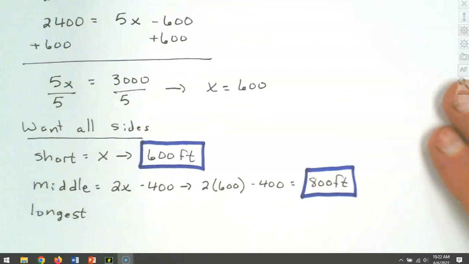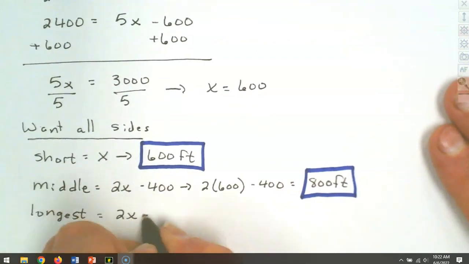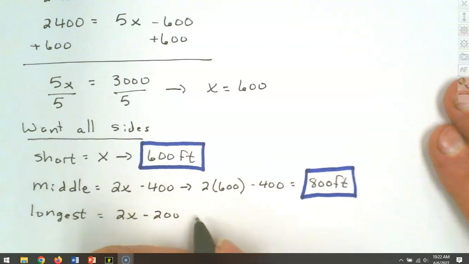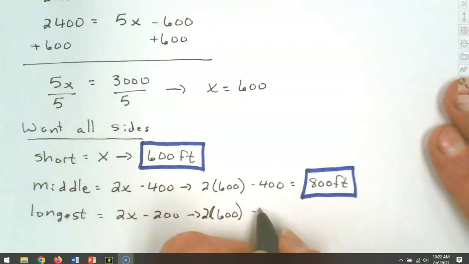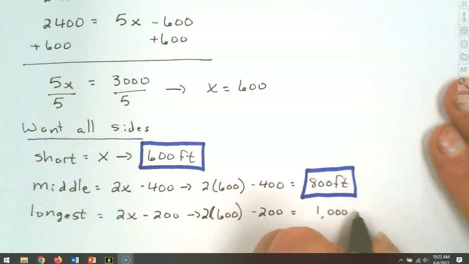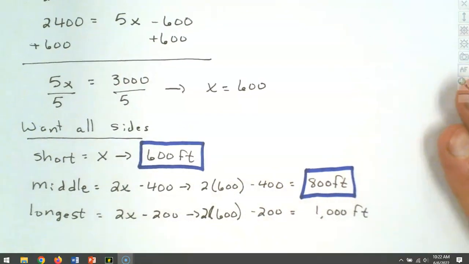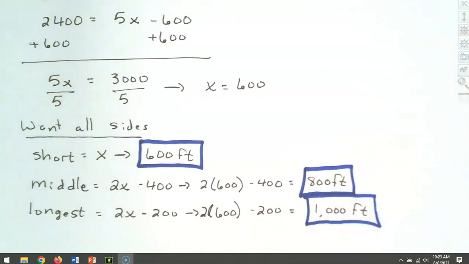And the longest side is going to be 2x minus 200. So that's 2 times 600 minus 200. And that gives you then 1,000 feet. So those are the sides of our triangle. 600, 800, and 1,000.